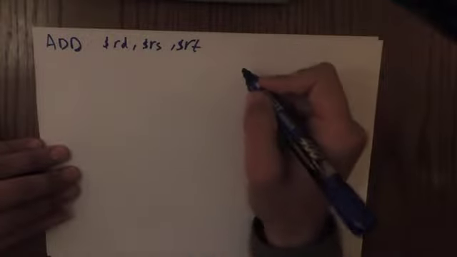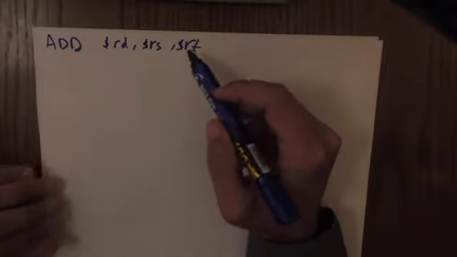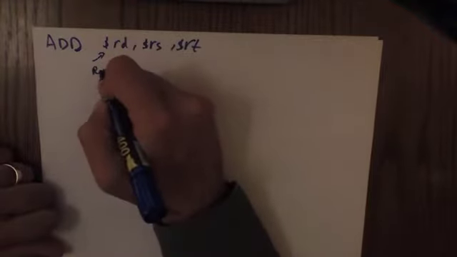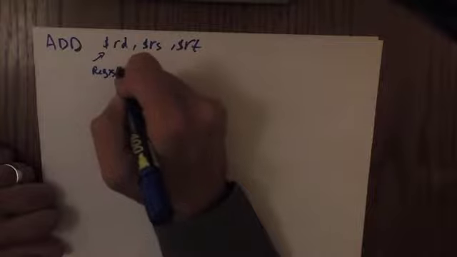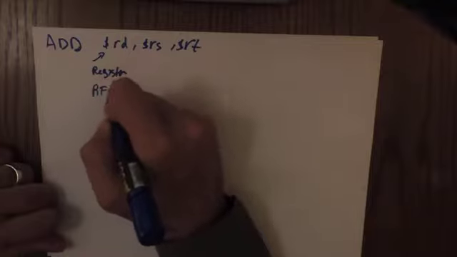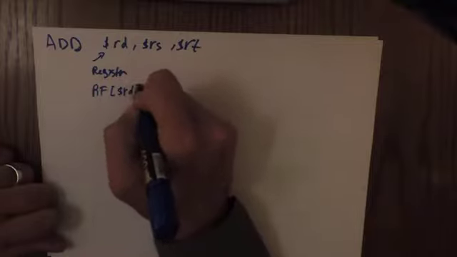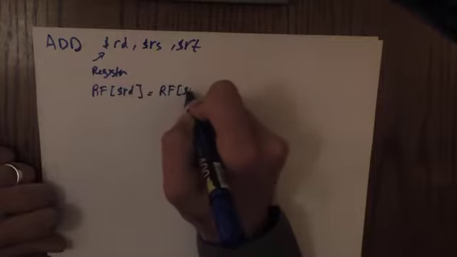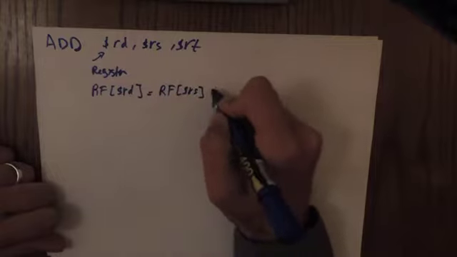So here we use just the naming of the addresses of our register file. We add the $ sign to indicate that it's a register. What this operation does is that it places the addition of RS and RT into RD.